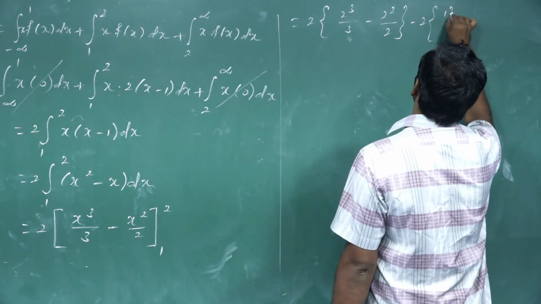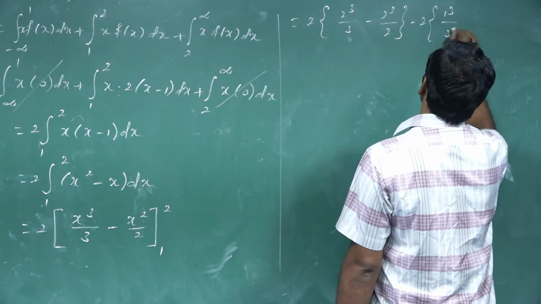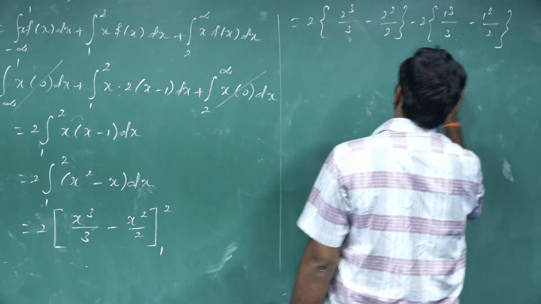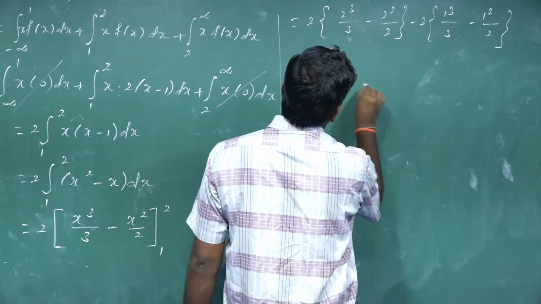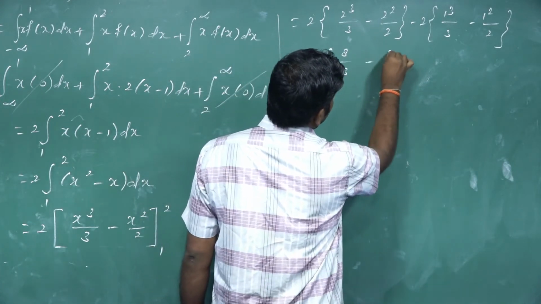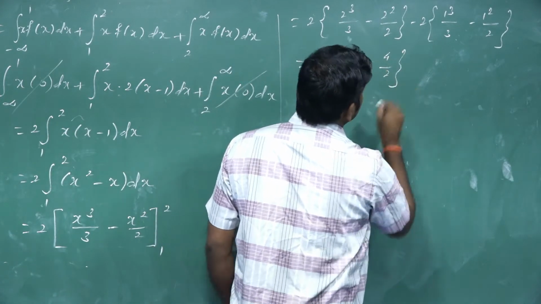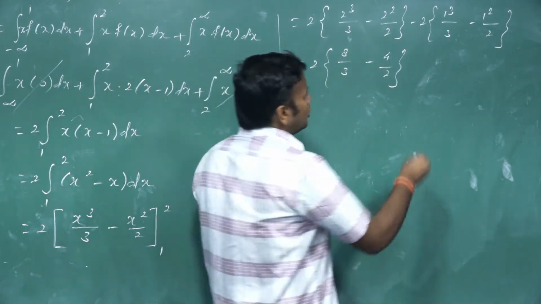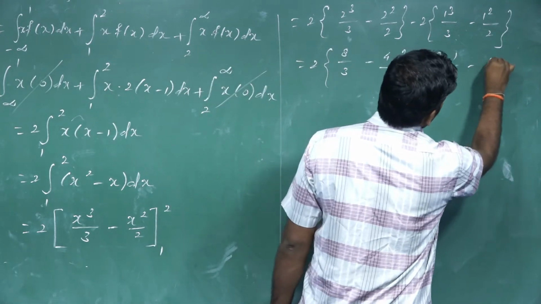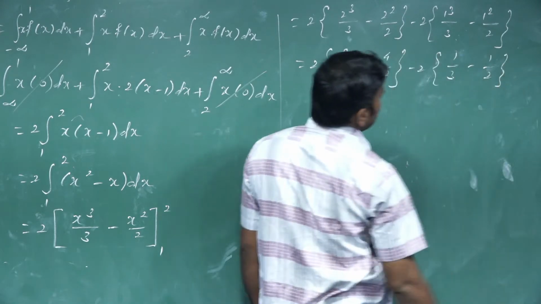So 1 cube by 3 minus 1 square by 2. 2 of, the value of 2 cube is 8 by 3 minus 4 by 2. The value of 2 square is 4. Minus 2 of, the value of 1 cube is 1 minus the value of 1 square is also 1.